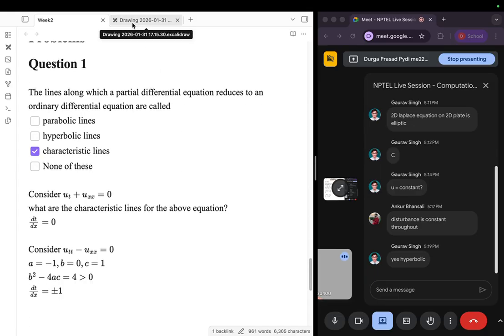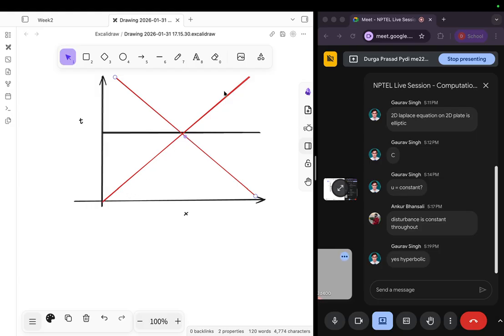And now as you can see, once I am along a characteristic line, it's like if you are only along the x-axis, then you know that there is no effect of t on that. Which means, as we initially started out in partial differential equations, we assume that a given variable is dependent on 2 or 3 independent variables, like multiple independent variables. But if we are on a characteristic line, something like this, then it depends on only one variable.